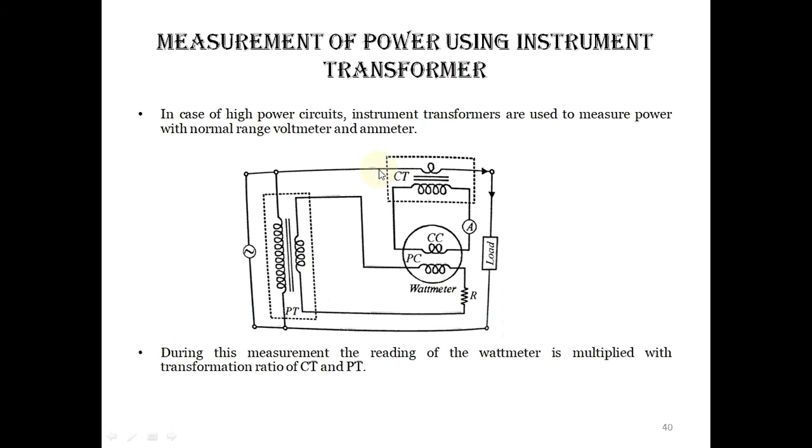Now CT is connected in series with the supply line and PT primary is connected in parallel with the supply line, and the secondary of PT is connected with the wattmeter pressure coil with a standard resistance that is known to you. So the PT secondary is connected across the PC of the wattmeter, and on a similar note, the CT secondary is connected through one ammeter to the current coil of the wattmeter.